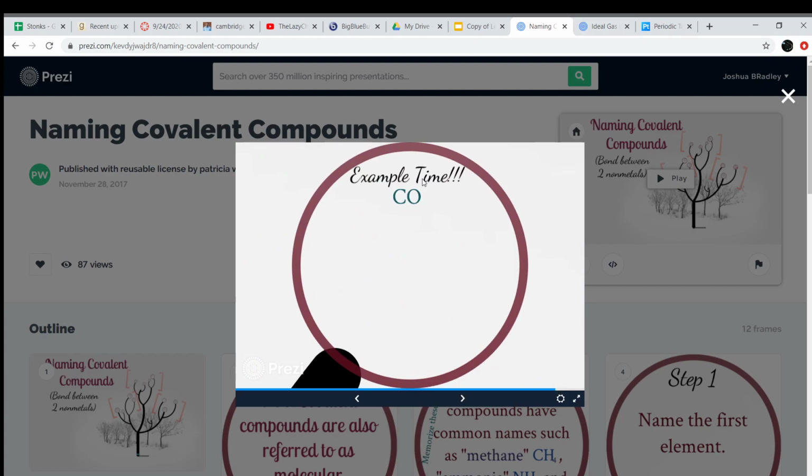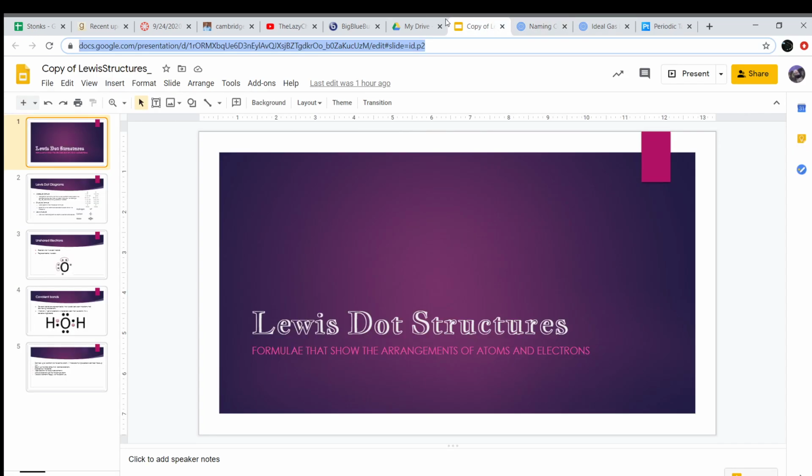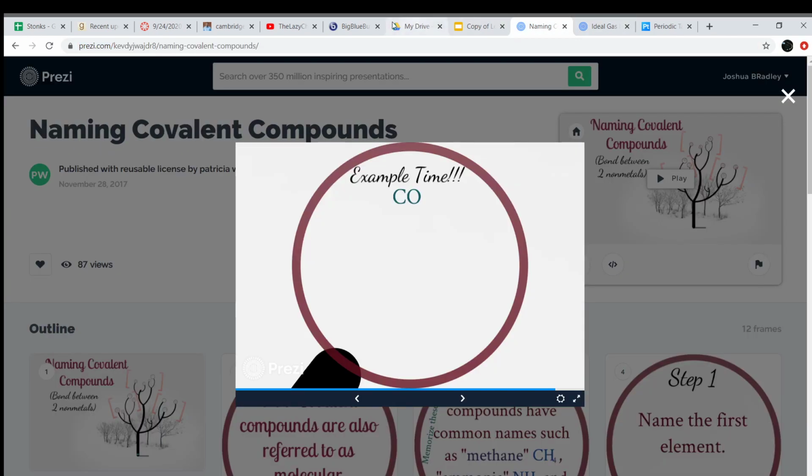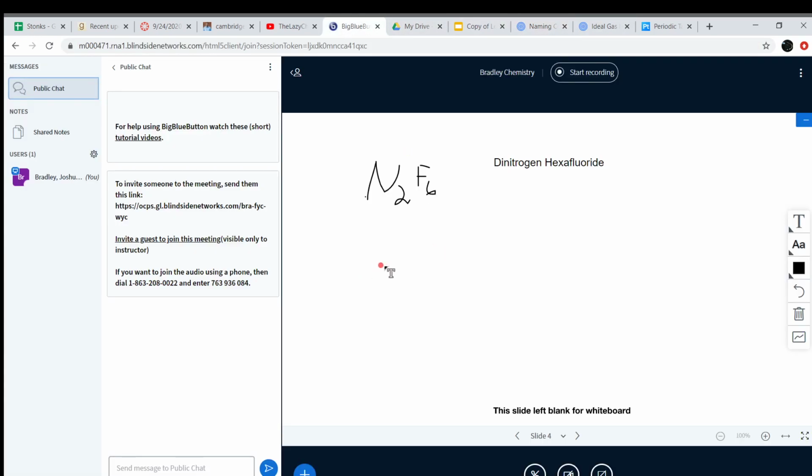All right, this one is going to be our next one. So we have just CO. We have 1 carbon, which theoretically means that it would be monocarbon.